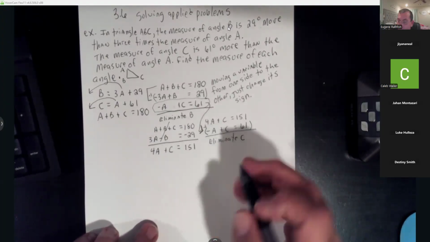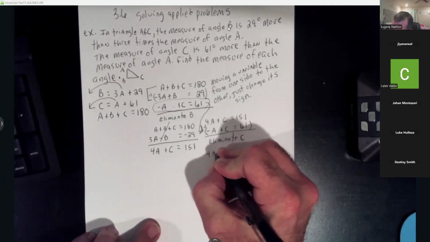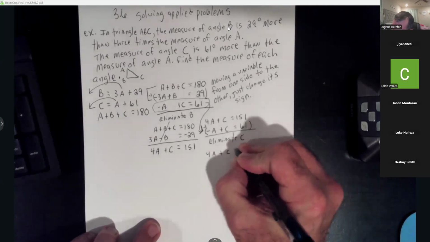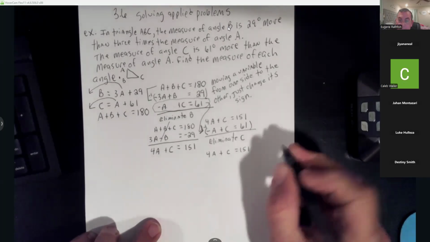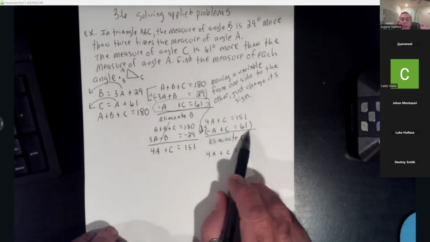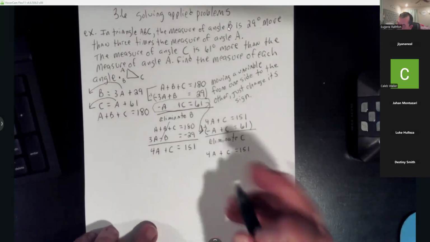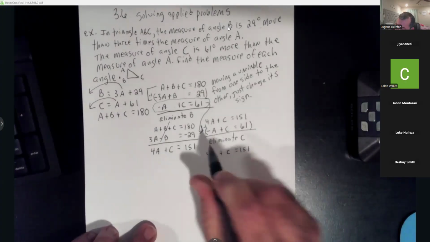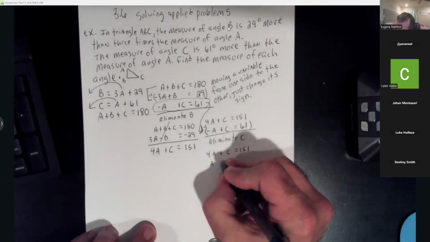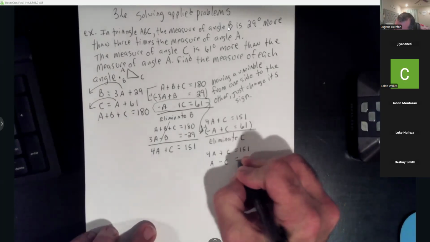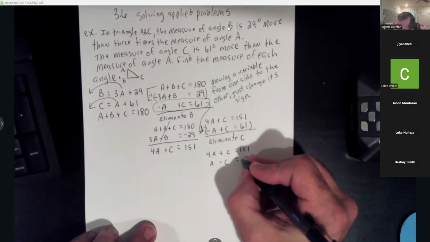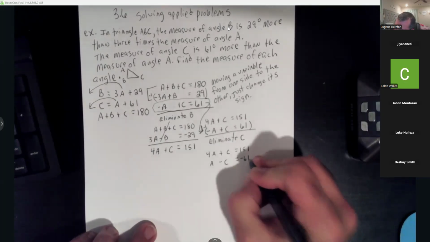So I'm not changing the first equation, 4a plus c equals 151. I'm going to change this one. Negative times negative makes a positive a. Negative times positive makes a negative c. Negative times positive equals a negative 61.